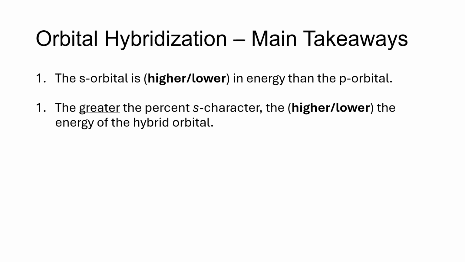And so the main takeaway about orbital hybridization in terms of stability is that an S orbital, because it is closer to the nucleus just because of its shape, is going to be much lower in energy. Electrons living in that spherical shape are closer to the nucleus and therefore more stable and lower in energy.